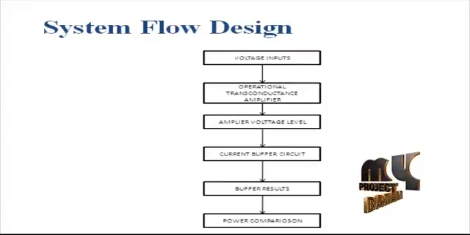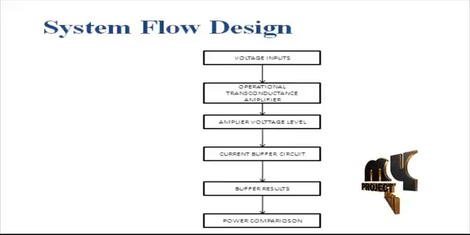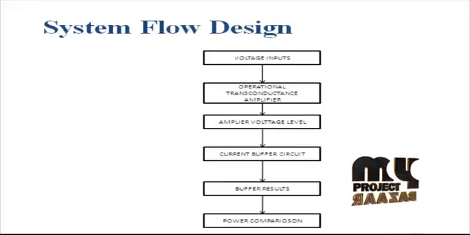Then we calculate the power comparison performance. This power comparison is mainly based on our overall CMOS based circuit for the operational amplifier, the operational transconductance amplifier and the current buffer circuit.